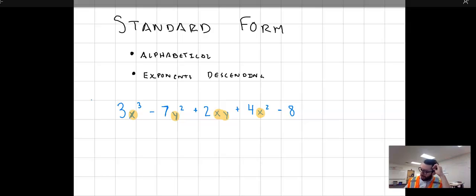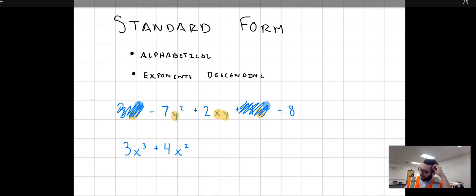In that case, I'm going to look at my exponents. I have a 3 and a 2. 3 is bigger than 2, so I'm going to write that first. So I have 3x to the third power, and then I have plus 4x squared.